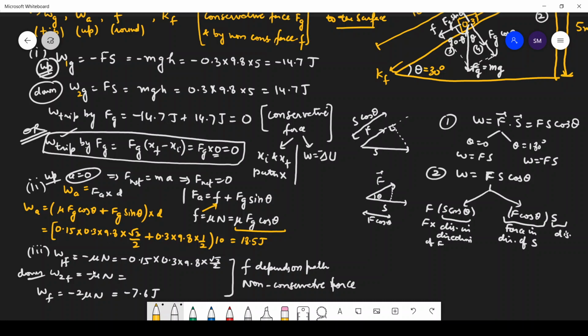But here, because it is the resistive force, theta is 180 degree in both the cases, in the upward journey and in the downward journey.